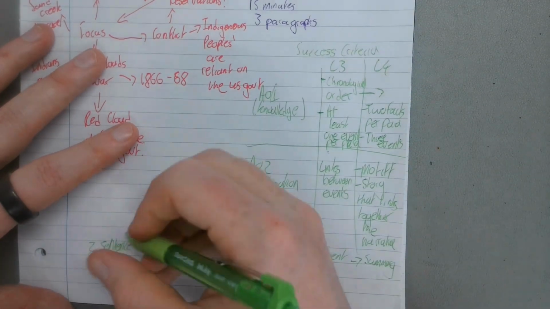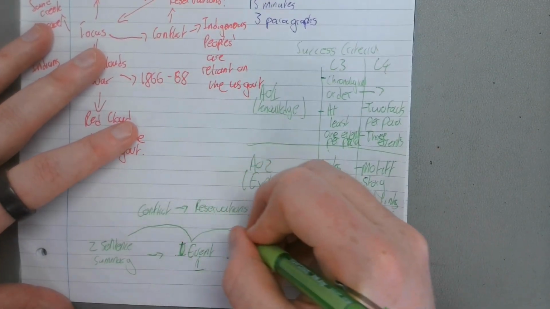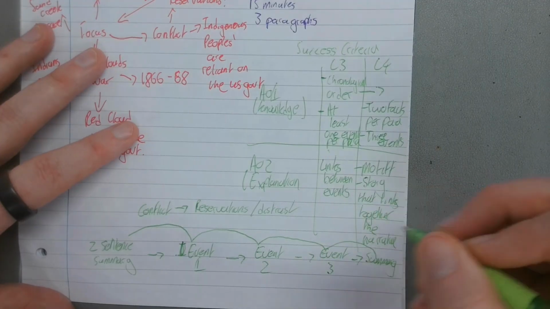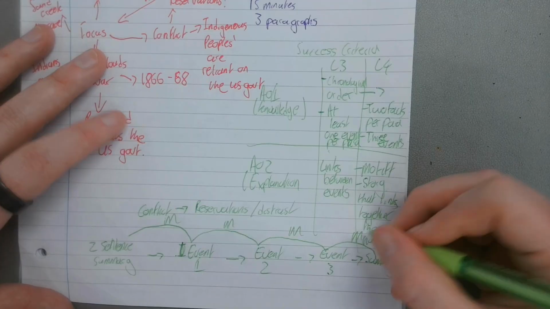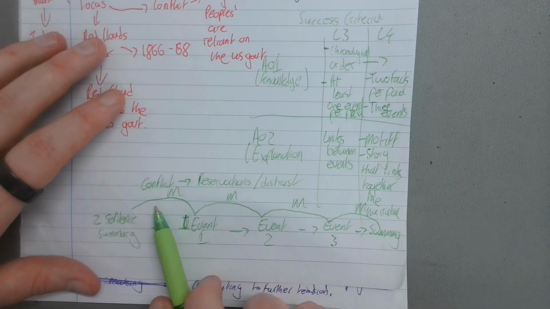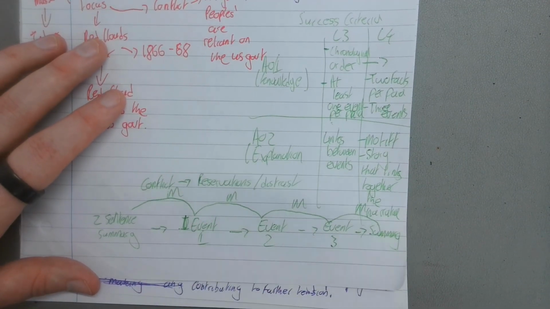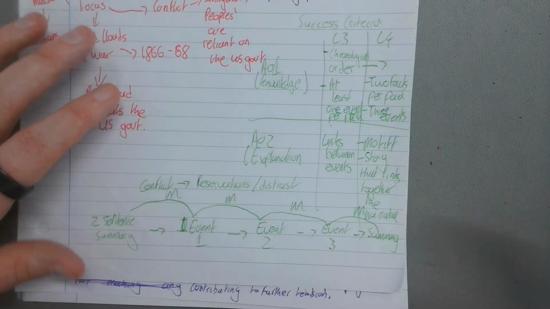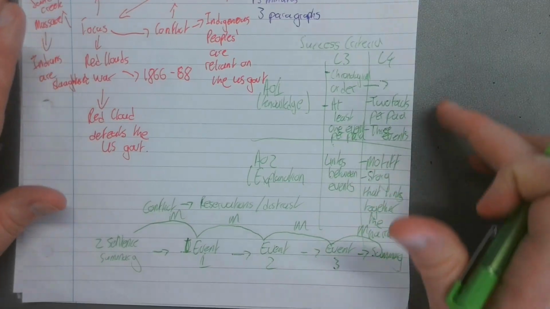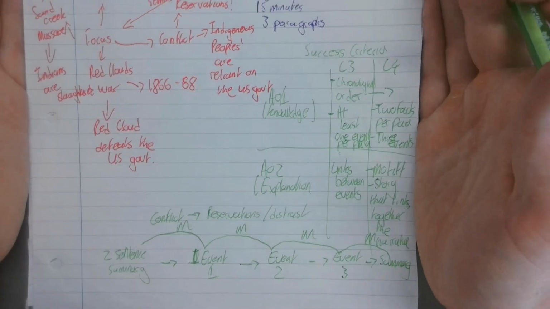And what you are going to do is this motif simply bounces its way through the story, as you are constantly referring to how it created conflict or how it led to distrust between the indigenous peoples and the Plains Indians. So, ladies and gents, let's have a little go.